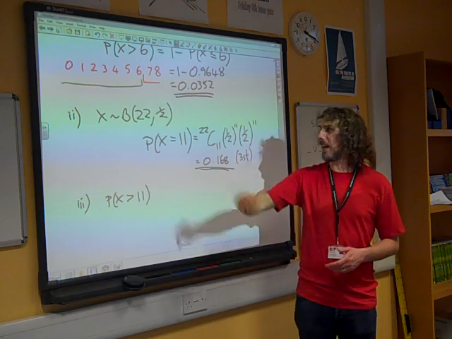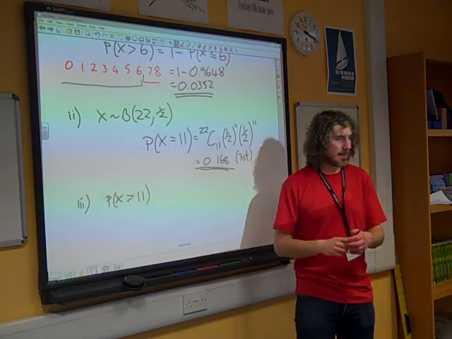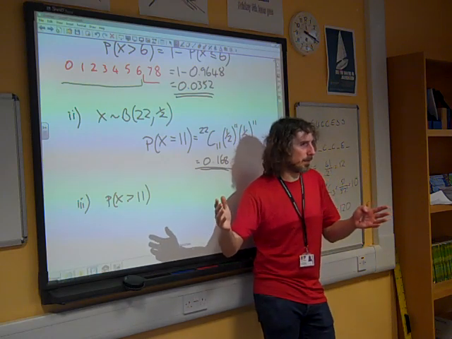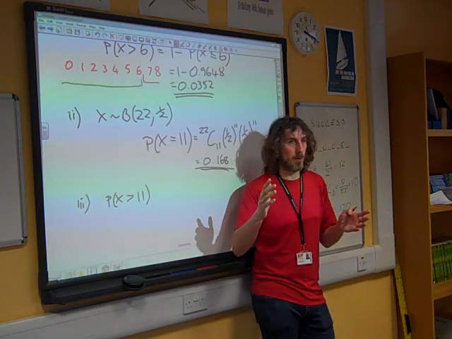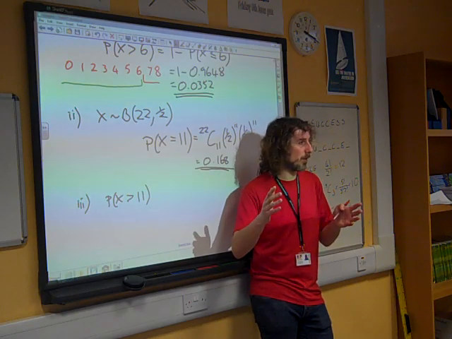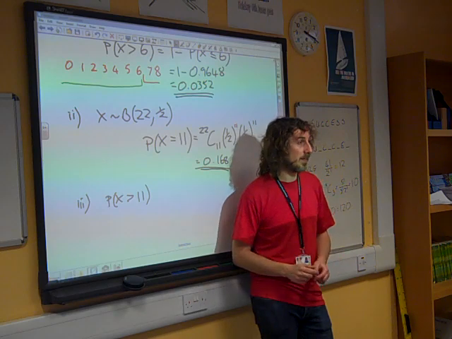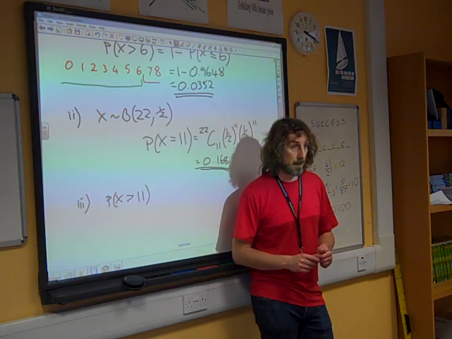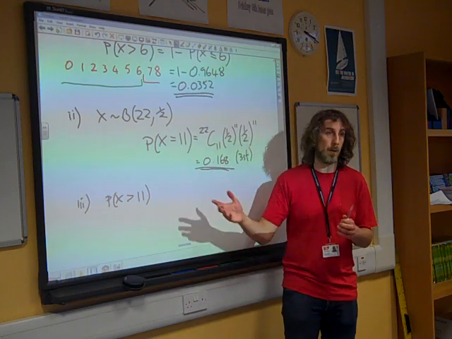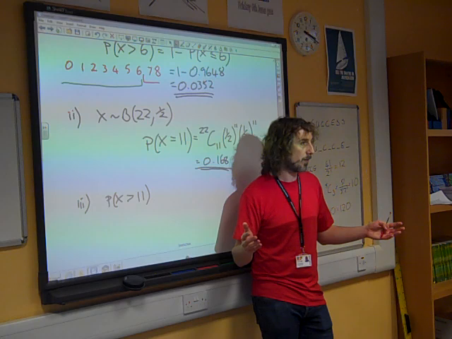Actually, the key here is it being a probability of a half. That means this is completely symmetrical, isn't it? It doesn't matter whether we're talking about red or blue, the probability is the same for either one, so the whole distribution is symmetrical. Which means that the probability of having more red than blue is the same as the probability of having more blue than red.